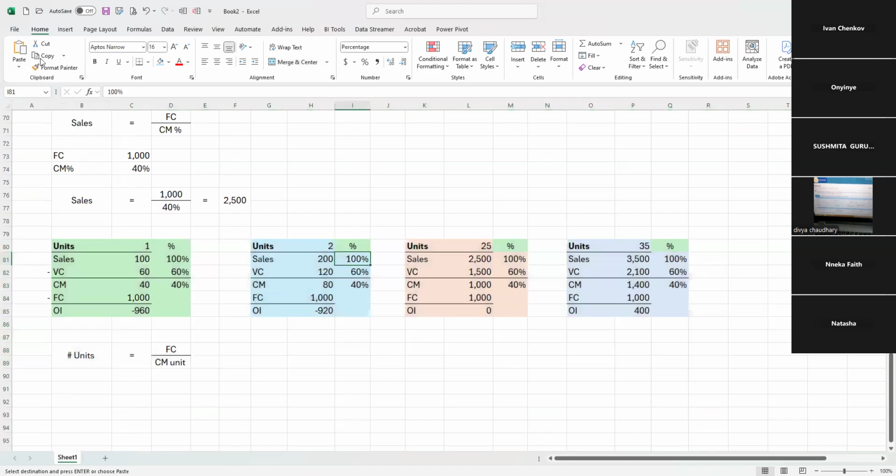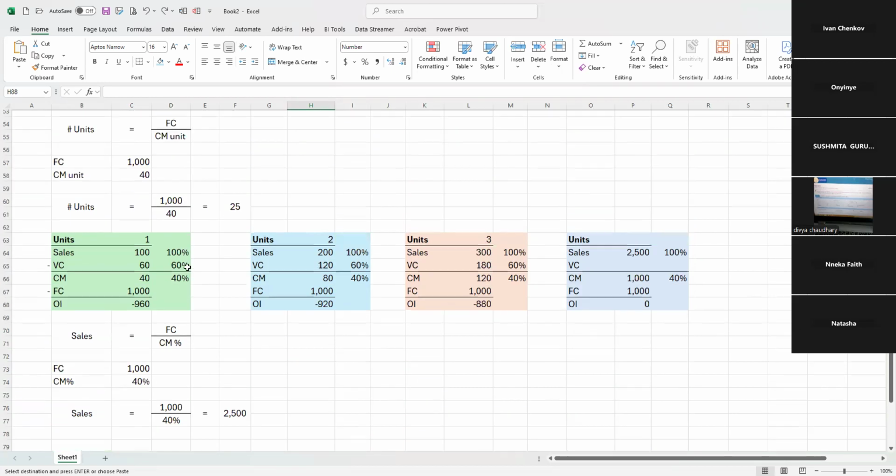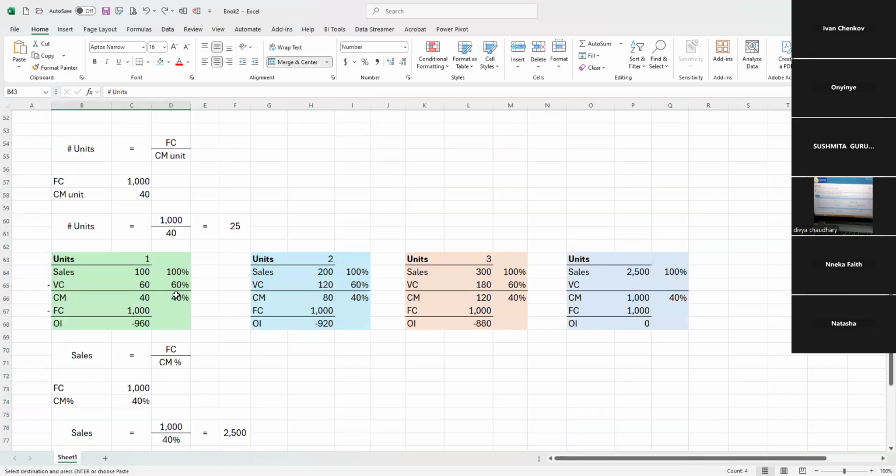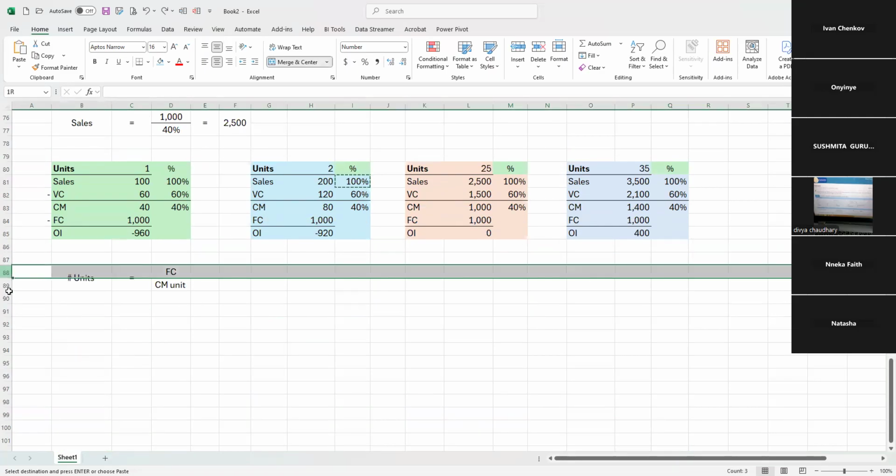No, you need to make a profit. Do you want to move away from the break even? Yes. How can we do that? This is the only question. How can we move from the break even? Well, it's very simple. We're going to get this formula again. Let me put some rows here.